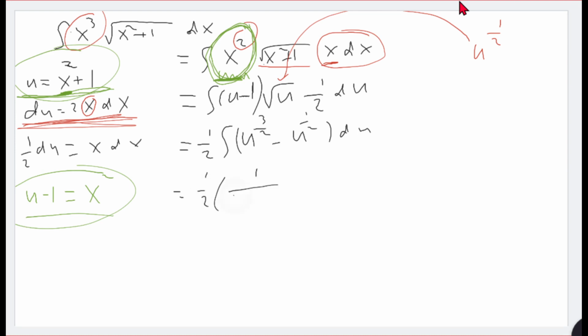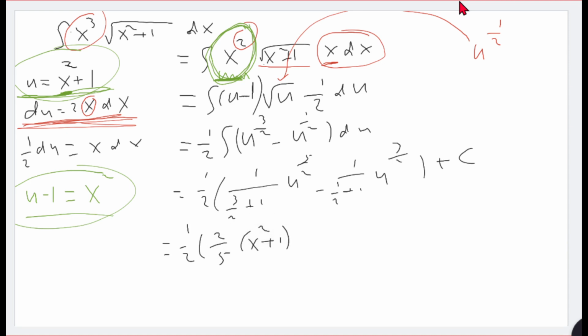That's 1/(3/2 plus 1) u raised to 5/2, minus 1/(1/2 plus 1) u to the 3/2, plus C. So 1/2 times 2/5, and u replaced back by x squared plus 1, to the 5/2. Half plus 1 is 3/2, so 2/3 times x squared plus 1 to the 3/2 power, plus C.